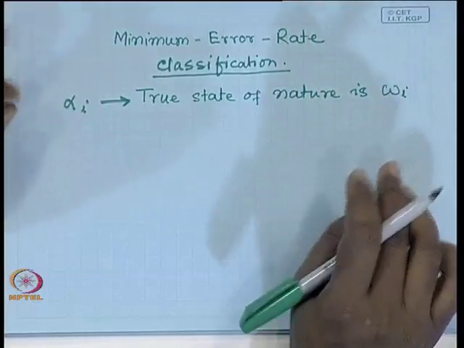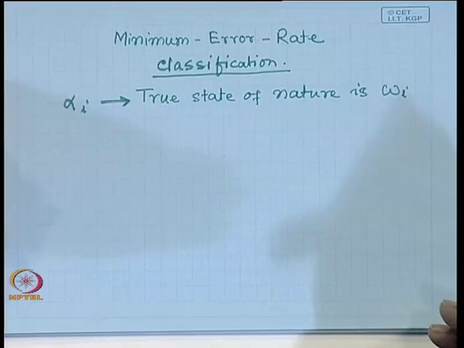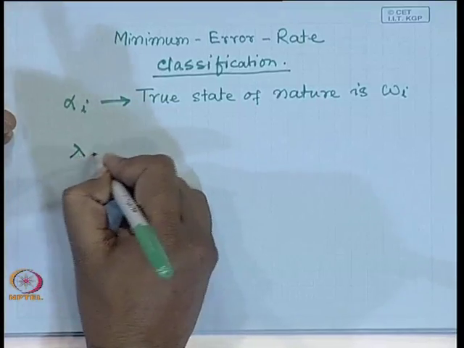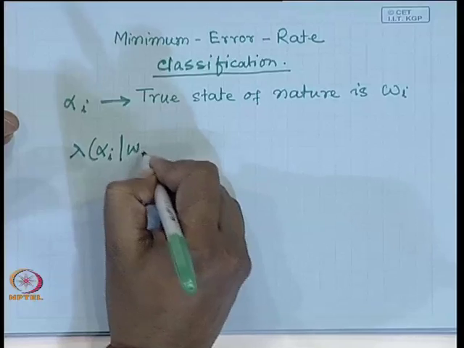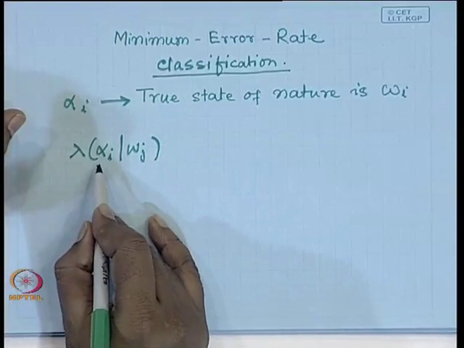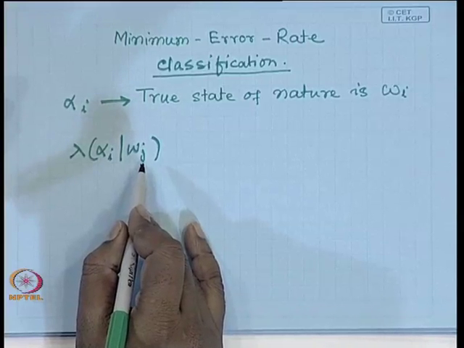That is, alpha 1 means the true state of nature is omega 1, alpha 2 means the true state of nature is omega 2, and so on. And if I define the loss function as lambda alpha i given omega j, taking an action alpha i means deciding that the state of nature is omega i.